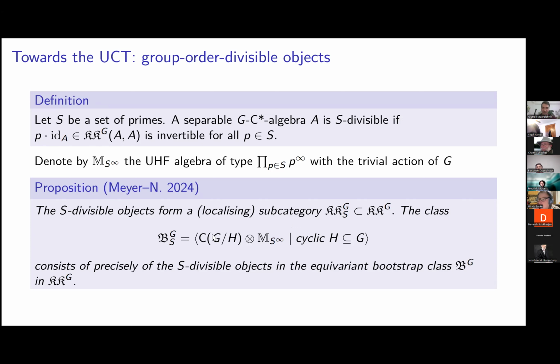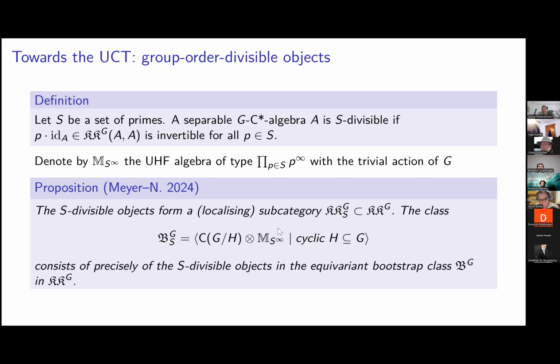But now if I multiply each cyclic H by this object M_S^∞, this UHF algebra, this consists precisely of those S-divisible objects that are inside B_G. So they are actions on type 1 systems. So it's the intersection of B_G and S-divisible objects that are exactly generated by these things here.